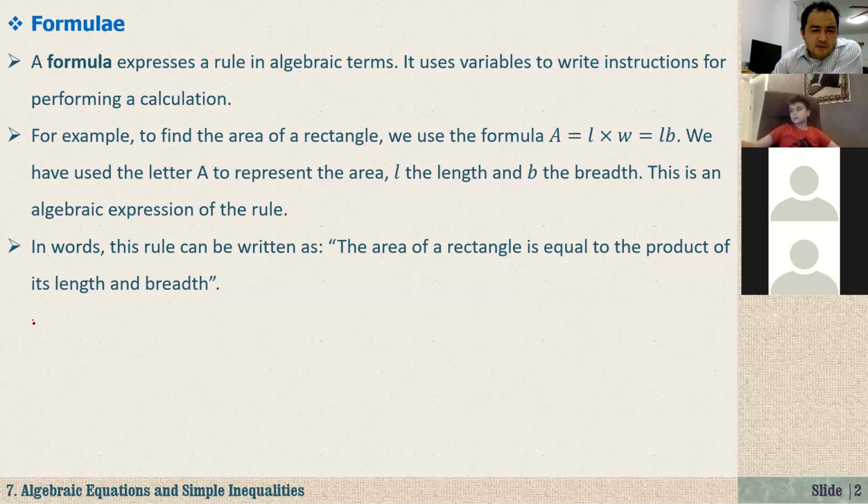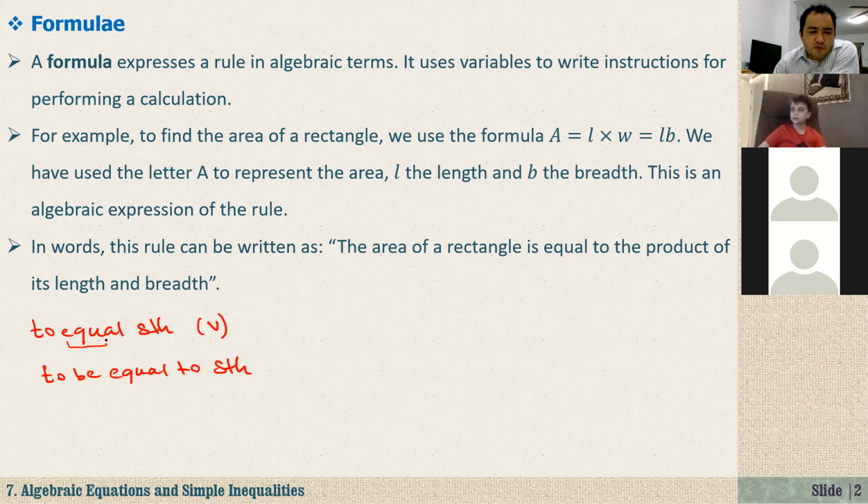We have a word, equal, to equal something. It's a verb. Or we can also write it as is or to be equal to something. But if you're using it as a verb, we don't say to. We don't use to with equal.